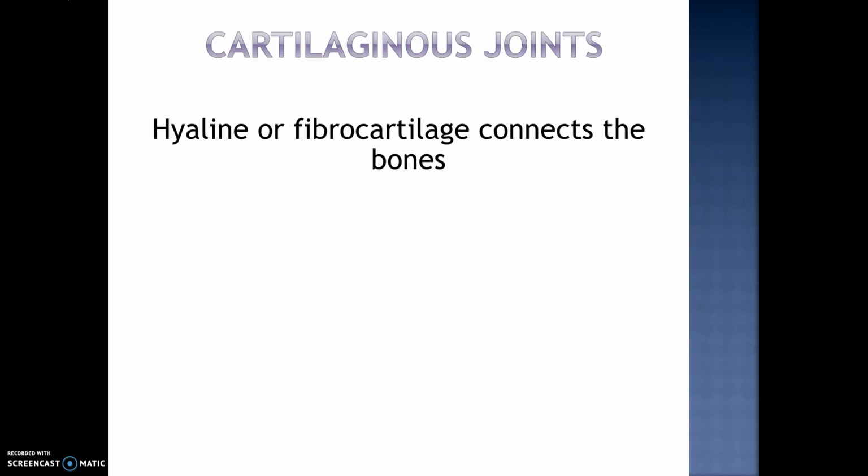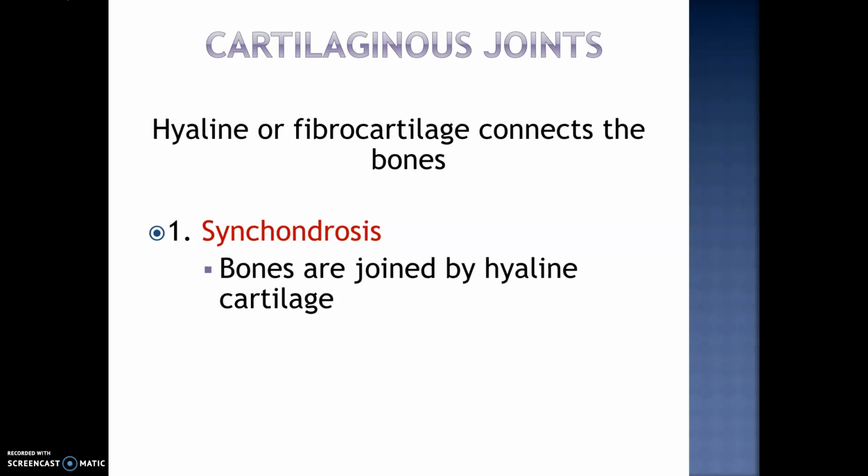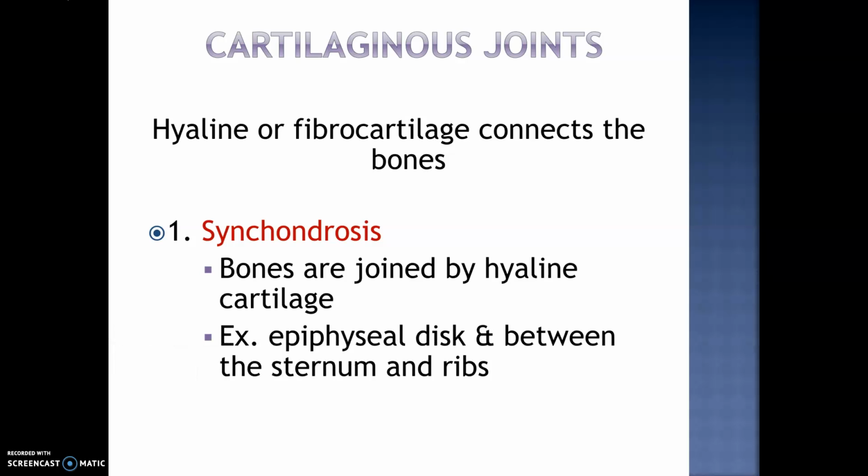Our next one is cartilaginous joints. So these are hyaline or fibrocartilage that connects bones together. So again, synchondrosis, bones are joined by hyaline cartilage. An example is that epiphyseal disc in our long bones, and then that cartilage that connects our bones in our sternum.